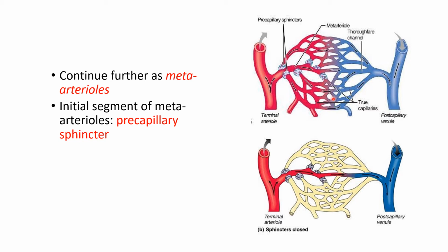But when the tissue is metabolically inactive, at that time the precapillary sphincters will be contracted to prevent blood flow into the capillary bed, and the blood will flow directly from the arterioles into the post-capillary venules.